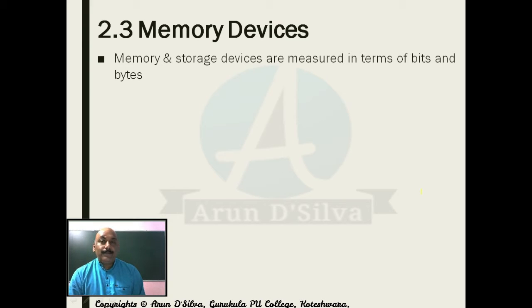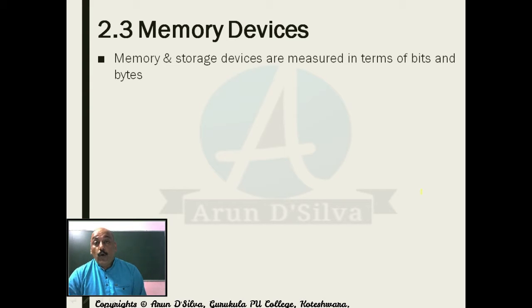The gram is the smallest unit in weighing, then you go to the kilogram, then you go for quintal. You might have gone through that, so I'm not going behind that.